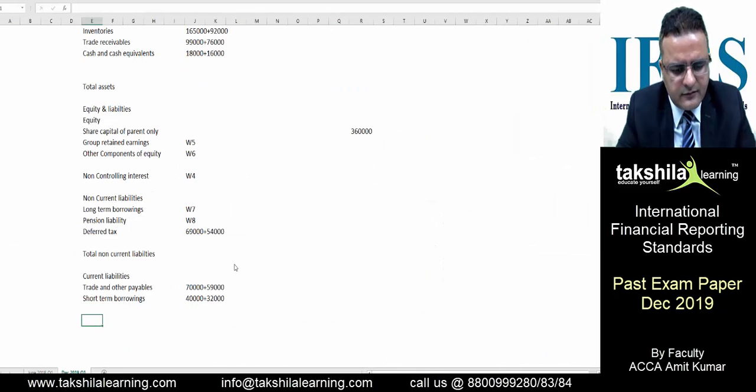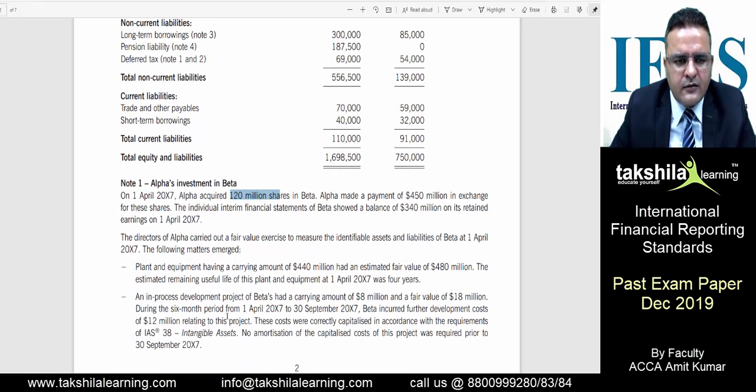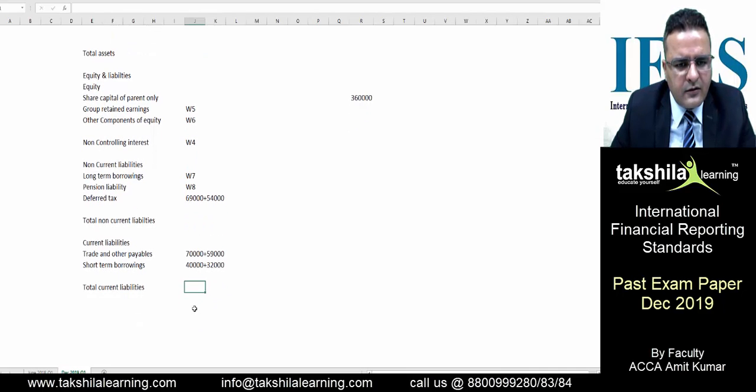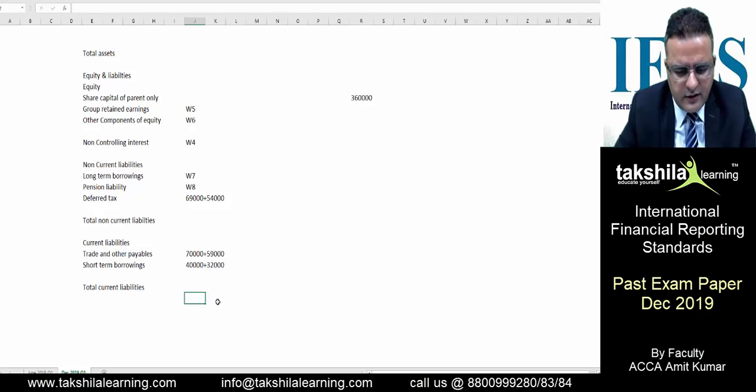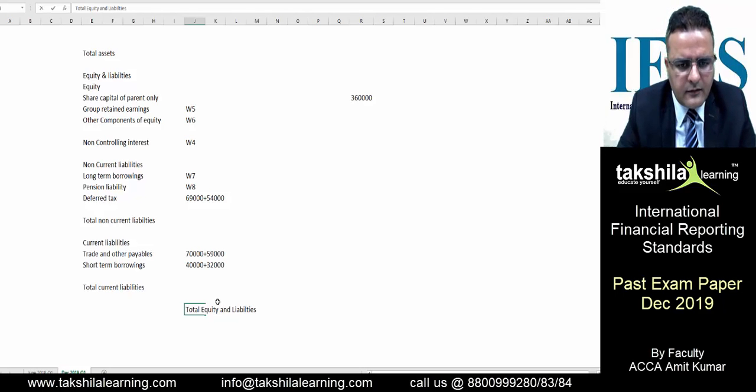Total current liabilities. Now let's read it. We'll get the total equity and liabilities, compared with the total assets.